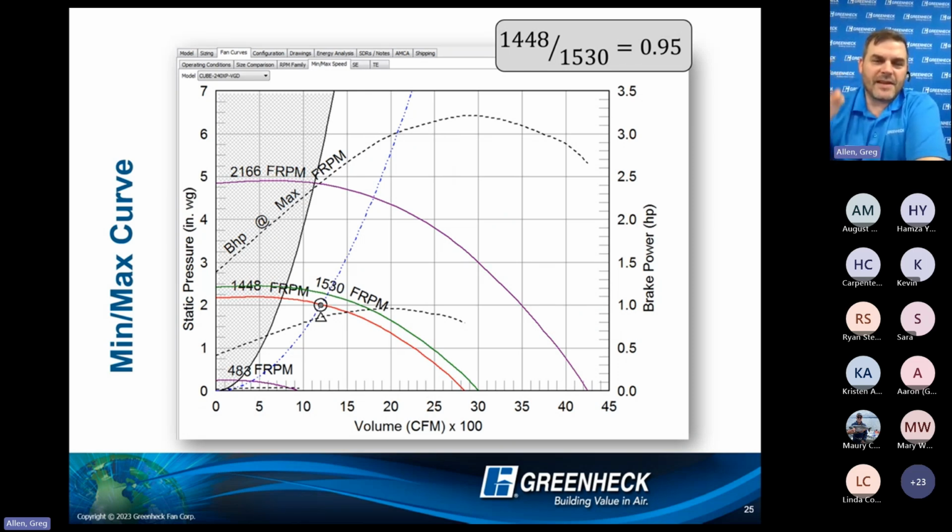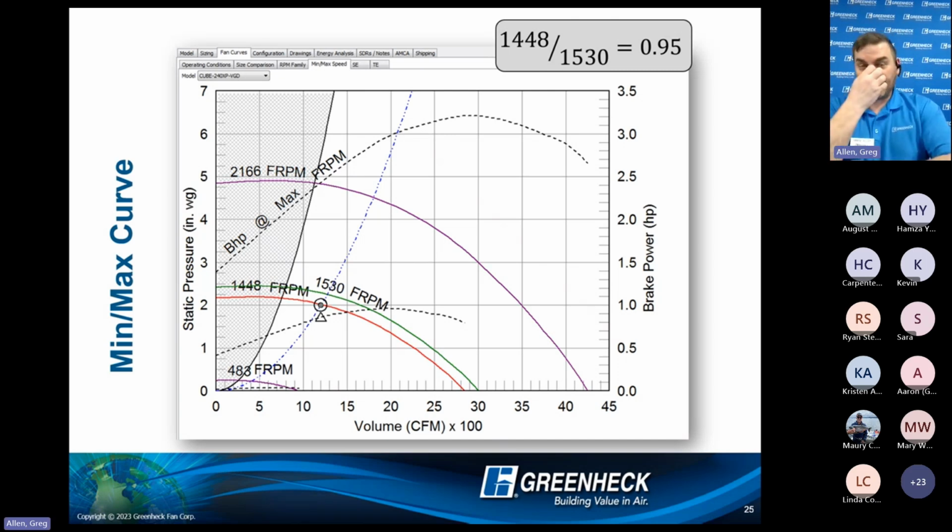What that tells me is if I pick this fan without bumping up the motor size, I am knowingly picking a fan at 95% of its capability. That's awesome if you have need for a lot of turn down, or you want to keep the motor as small as possible. But it also tells me that I only have the ability to turn my fan up 5%.